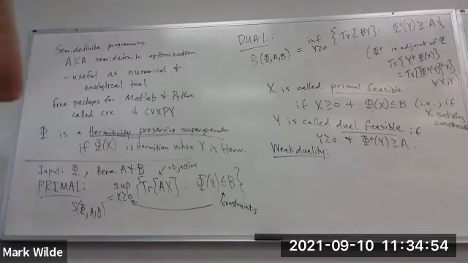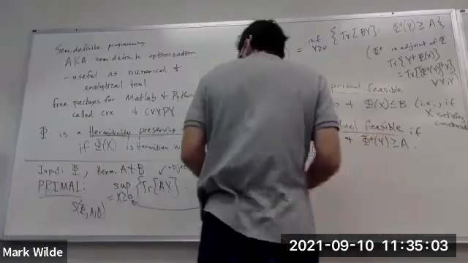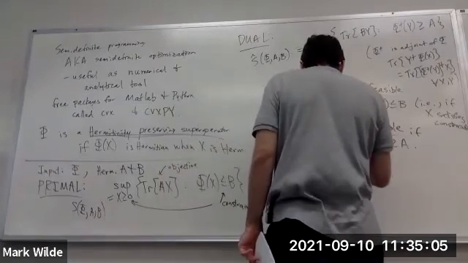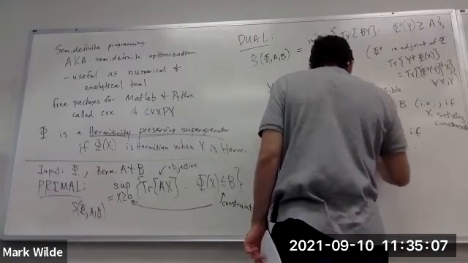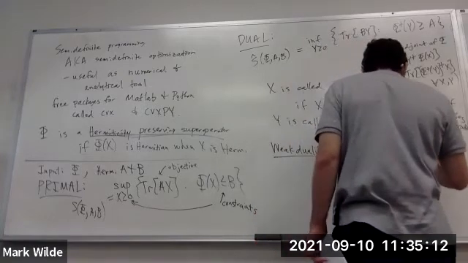Just like with the max-min inequality, we always have one of them holding. It's very similar. Okay? We'll make an explicit connection soon. So weak duality is the statement that the primal is always less than or equal to the dual.